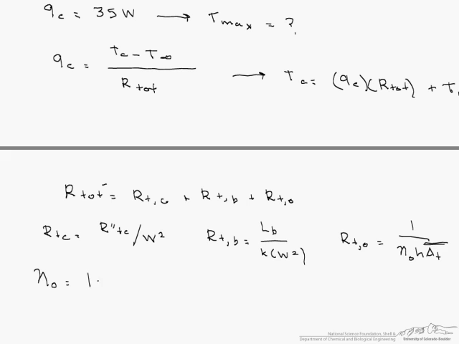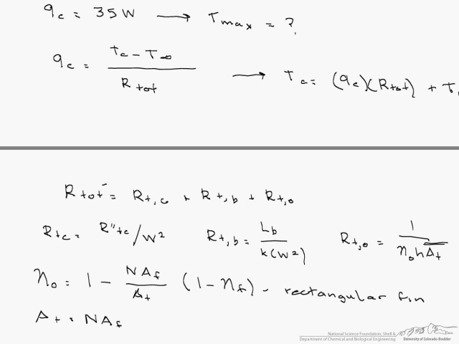So that's 1 minus the number of fins times the area of a fin divided by this total area times 1 minus eta sub f. And this is for a rectangular fin. So let's do the areas first. Our total area is N, the number of fins, times the area of a fin plus the area of the base, which is the exposed base.